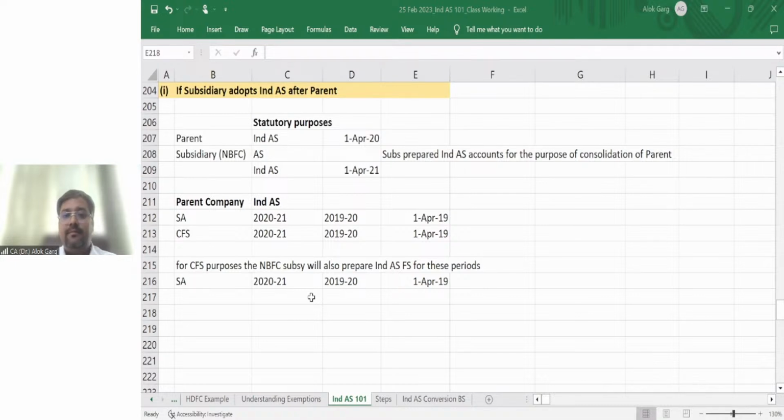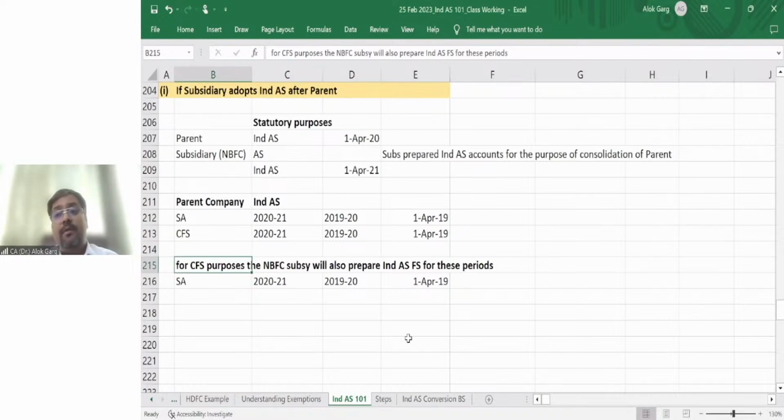Clear? Now, for the statutory purpose, the subsidiary is preparing AS accounts. But for the Ind AS purpose of the parent, for the control of the parent, the subsidiary is preparing standalone accounts for 2021, 2019-20, and 1st April 2019.